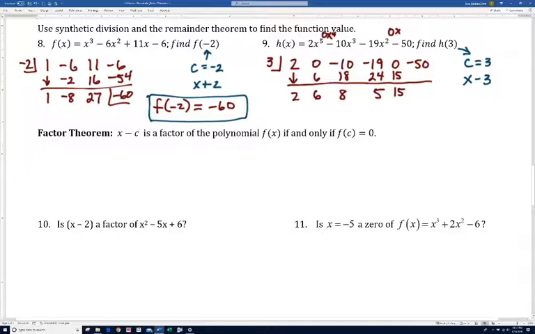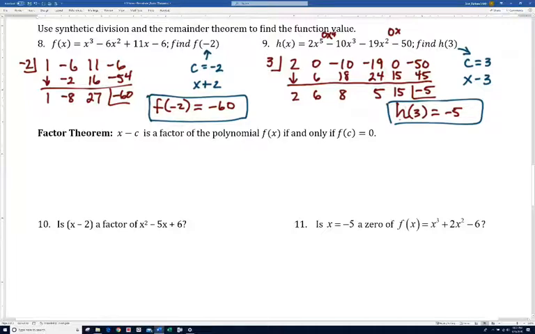And 15 times 3 is 45. And we get negative 5. So that means h of 3 is negative 5. Now I did write f, but it should be h. Let me just fix that real quick. That's an easy fix.